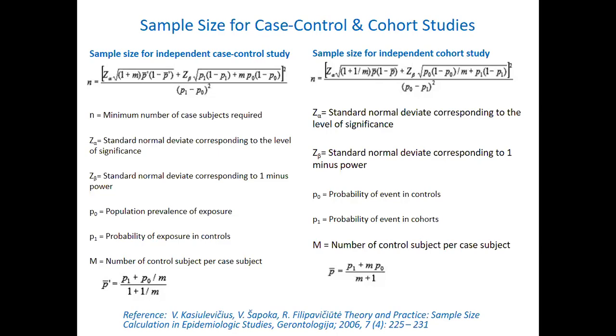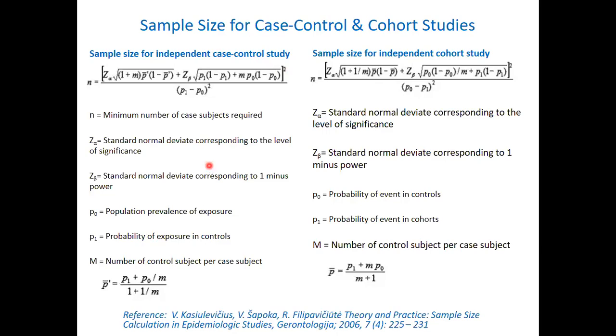So the Z alpha is the same thing as in descriptive studies: the standard normal deviation that corresponds with the level of significance. When we choose our level of significance to be 0.05, that shows our level of confidence is 95%. The level of confidence and the level of significance are complementary; they add up to 100%.